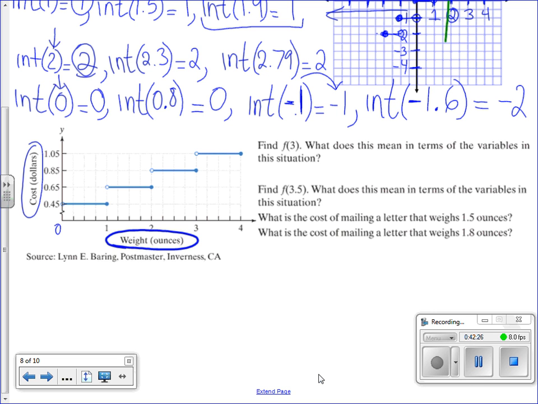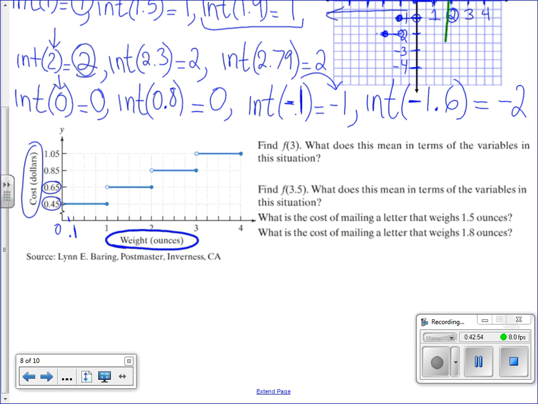But let's pick a small number, maybe 0.1 ounce. If your letter goes from that to 1 ounce, you're still going to pay 45 cents. If your letter is more than 1 ounce, but no more than 2, then you will pay 65 cents. Okay? So let's see if we can answer those questions.